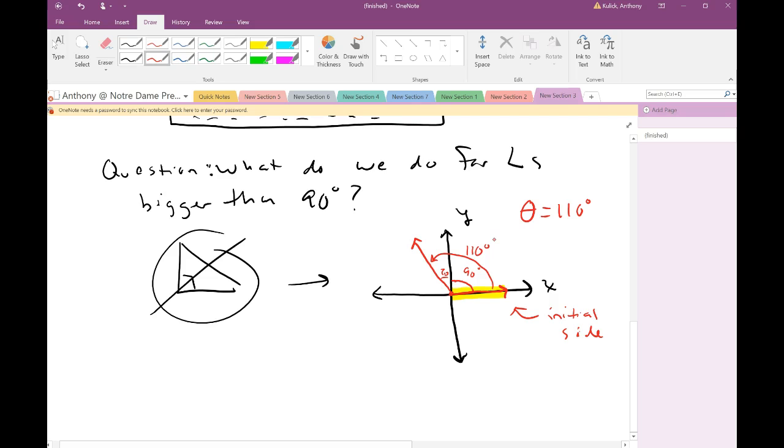So now we found a way to define angles that are bigger than 90, and not only bigger than 90, but bigger than 180 degrees, which are impossible to have in a triangle. So like if I have an angle beta, it could be like 210 degrees. So again, we start on the positive x-axis, and we rotate 90, 180, and then 30 more. And then this is 210 degrees.